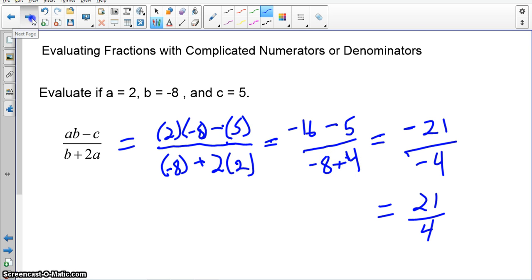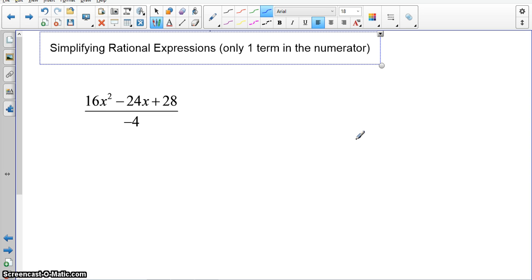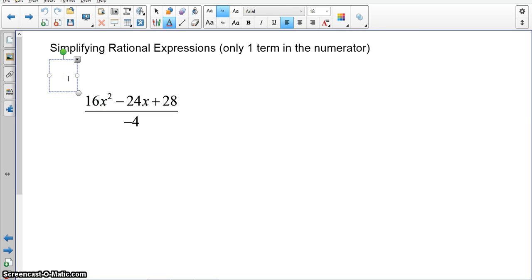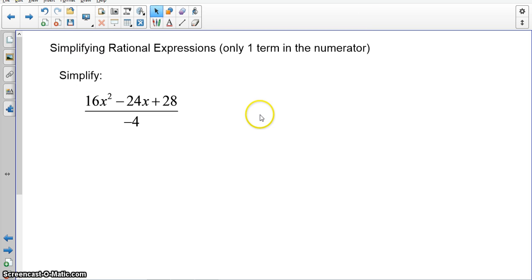Alright, then last but not least, a problem like this where the directions would say, my least favorite directions in all of math, simplify. Usually, not always, that's just do some algebra to rewrite it with less writing.